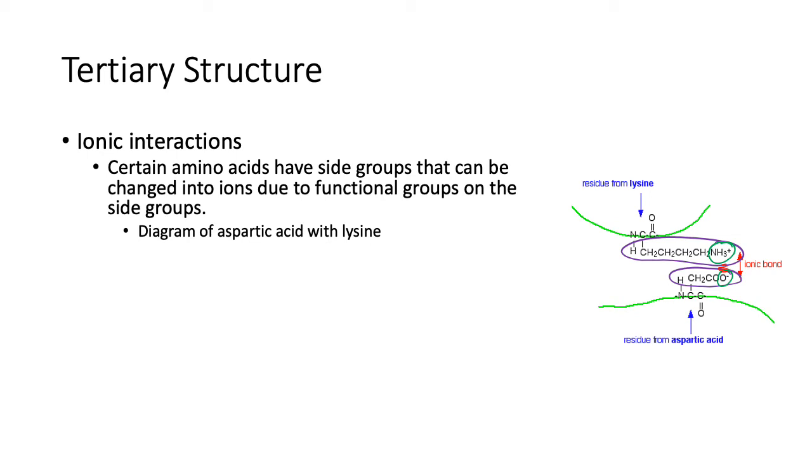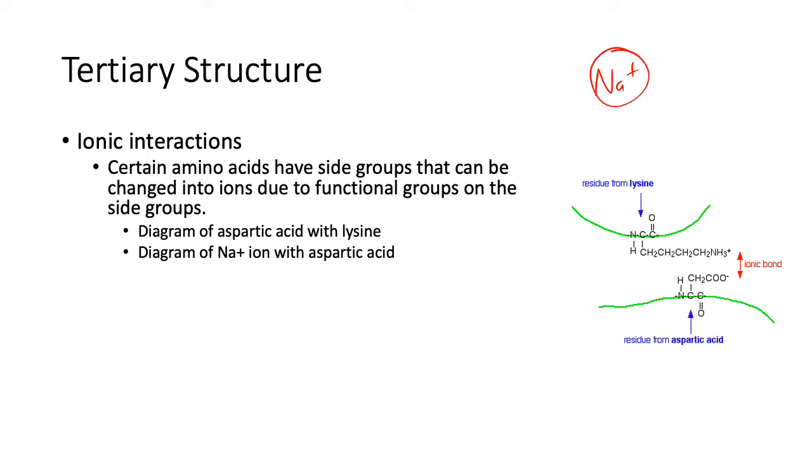Alternatively, you could even have a sodium ion interacting with the aspartic acid. Aspartic acid is a CH2COO minus, and so there'll be an interaction between the sodium ion and the carboxylate part of that side group, assuming that it's lost its hydrogen.